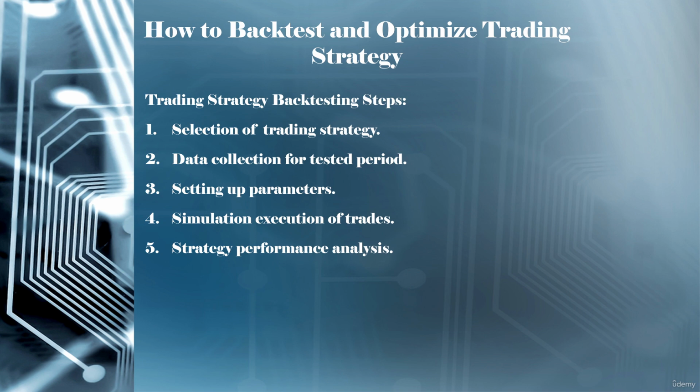In the fourth step is a process of simulation. We apply the chosen strategy and parameters to the historical data, simulating the execution of trades over the selected time period. Each trade is executed based on the rules of the strategy, considering factors such as slippage and transaction costs.